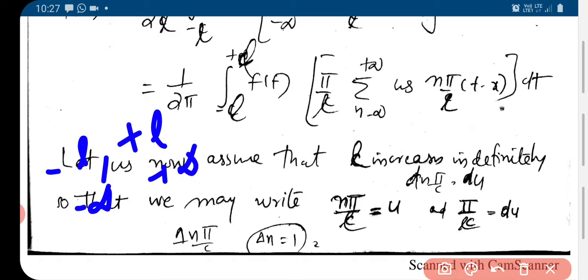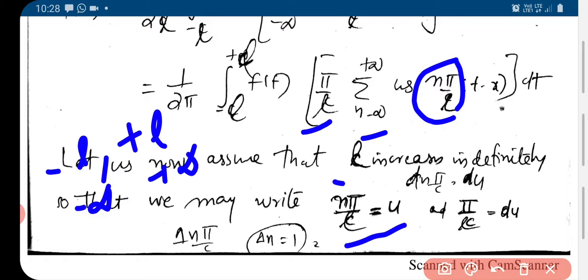Here, n pi by L is taken as u, and the value of n changes in steps of 1, so that delta n is 1. For the change in value of 1, you have du equal to pi by L. So n pi by L is u.